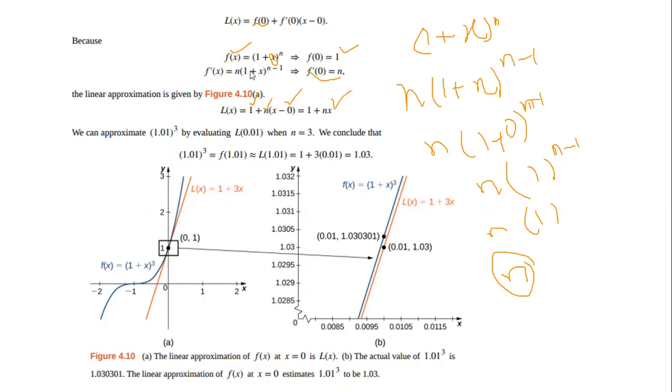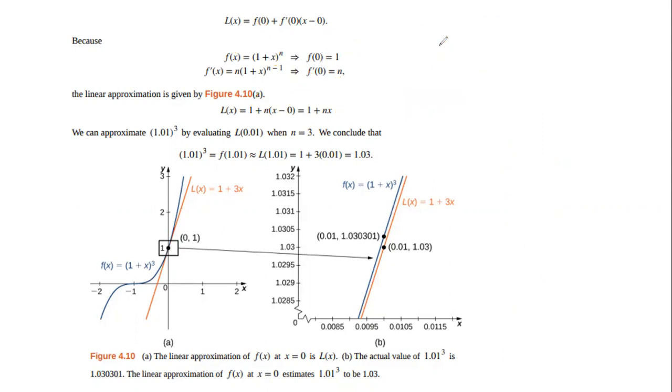Now the next thing is I have to approximate 1.01 whole cube. Okay, so whole cube means that the value of n equals 3, because my function is (1 plus x) to the power n. So the linear approximation is 1 plus nx.